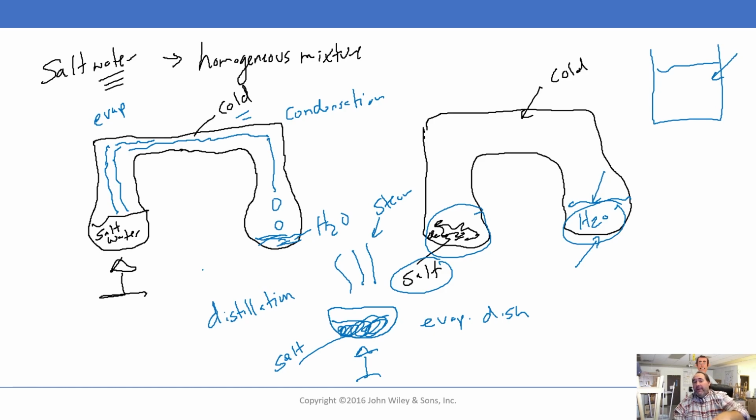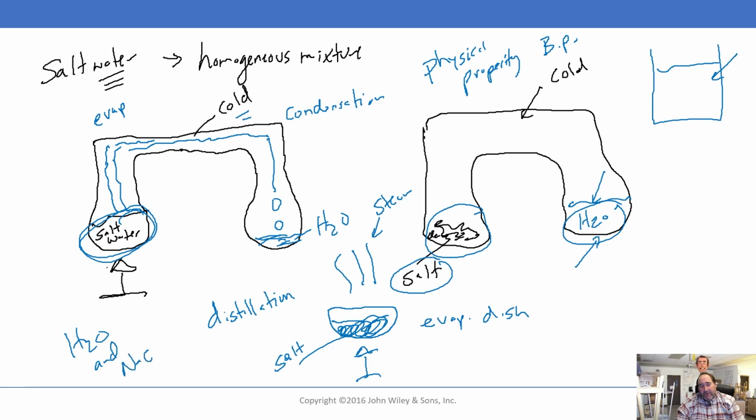We're actually separating these things out by their physical properties. And if you remember, as I said earlier, one physical property is things like boiling point. So the boiling point difference between water and something, say, like sodium chloride, which is an ionic compound, versus this guy, which is a molecular compound.